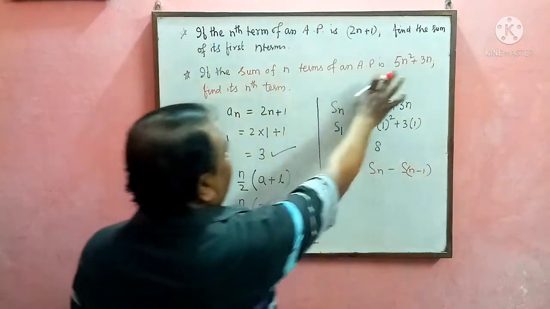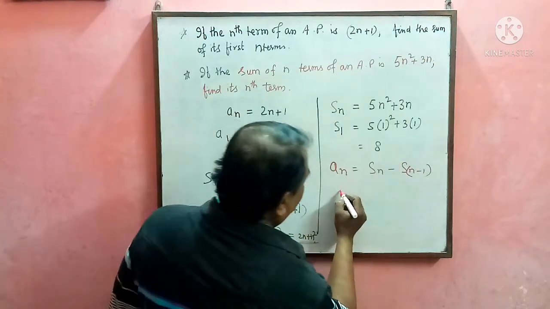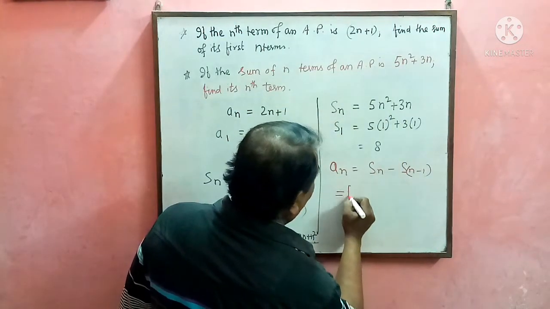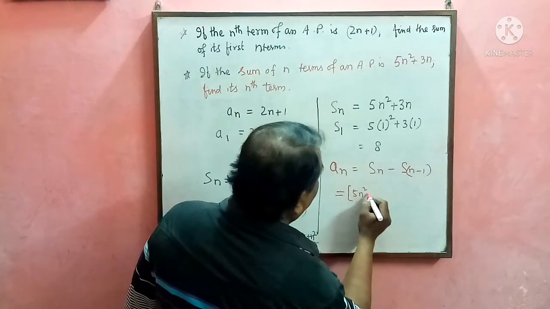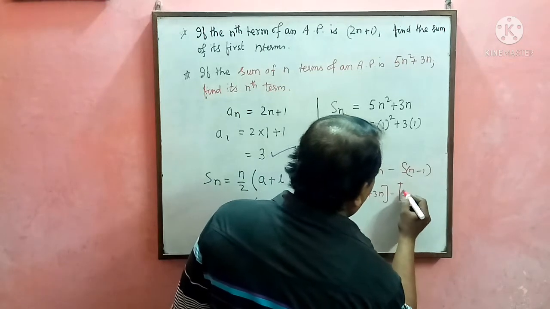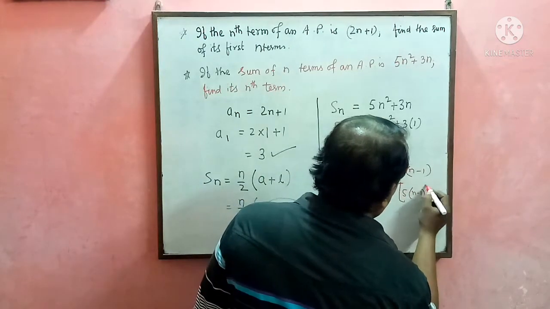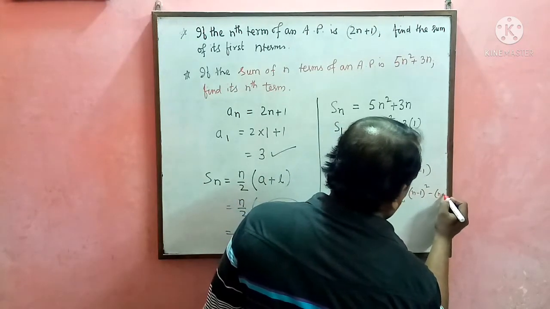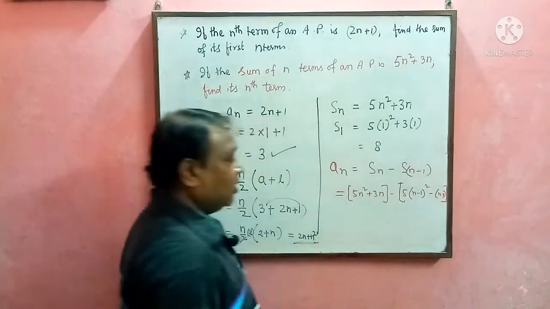Sn is already given. So if we put it here, this is 5n² + 3n, and this is minus [5(n−1)² + 3(n−1)].